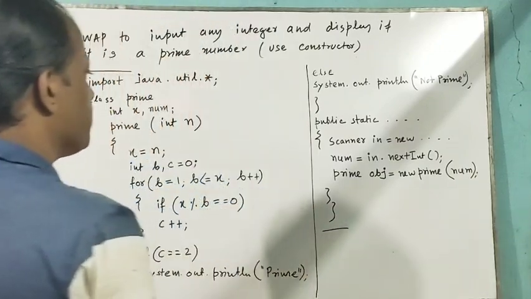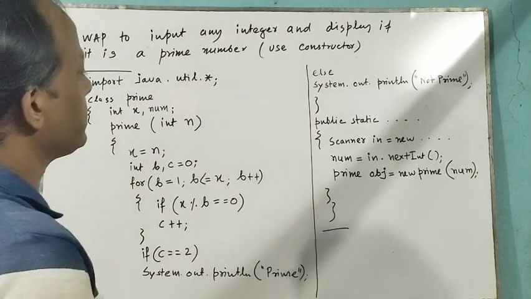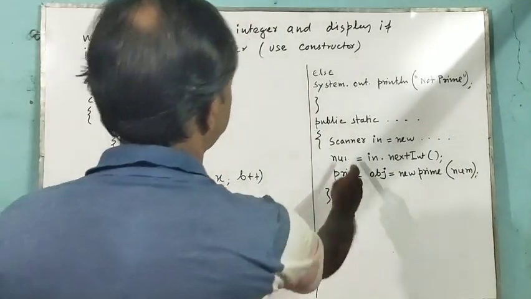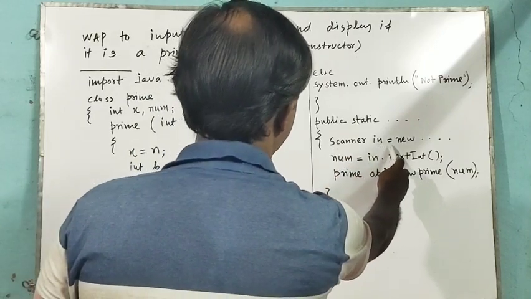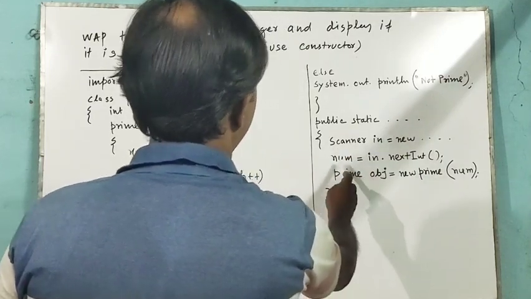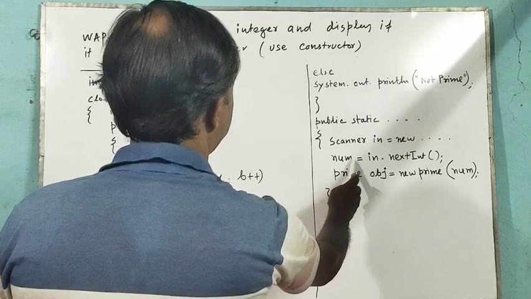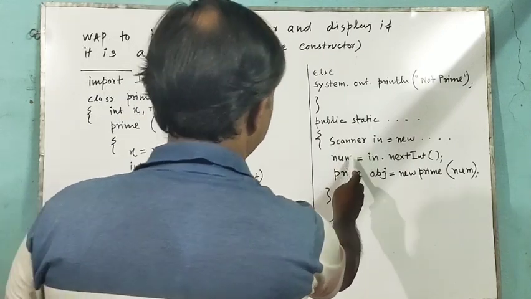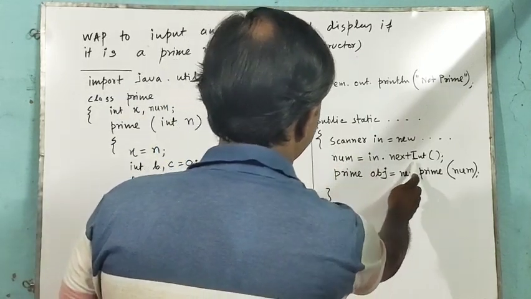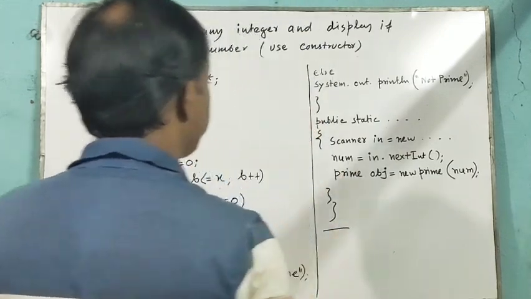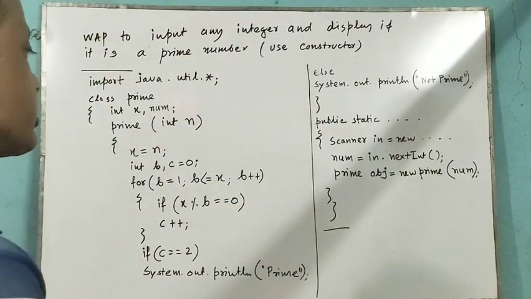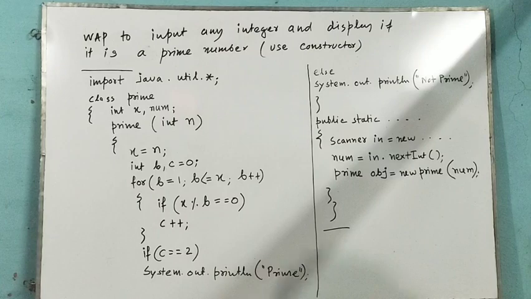Since we have to take input one integer, I have created an object of class scanner. Then I have taken one variable num, and in this variable I have taken input one integer. So num is the integer which we have to check if it is a prime number.